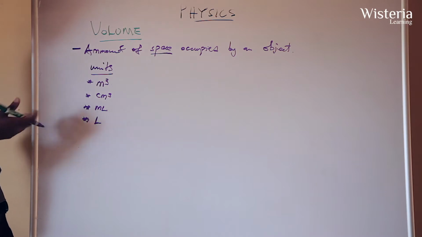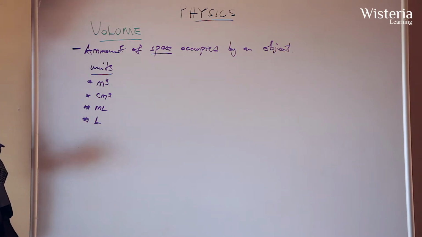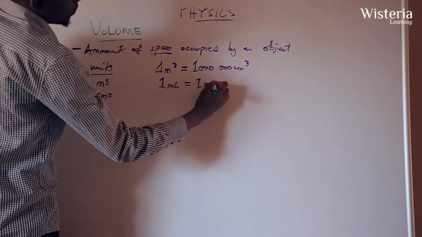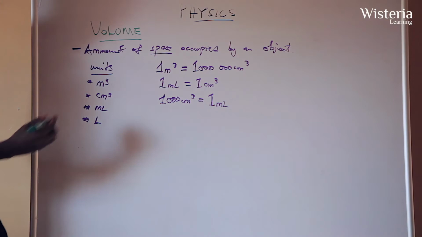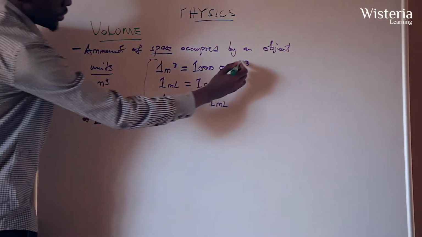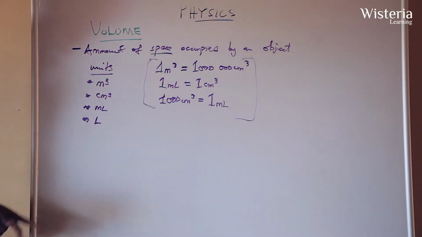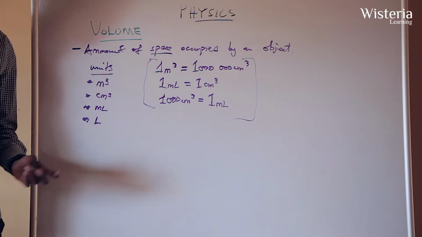For the sake of the exam, you need to know how these units are related to each other. This is a table showing us how the units of volume are related.